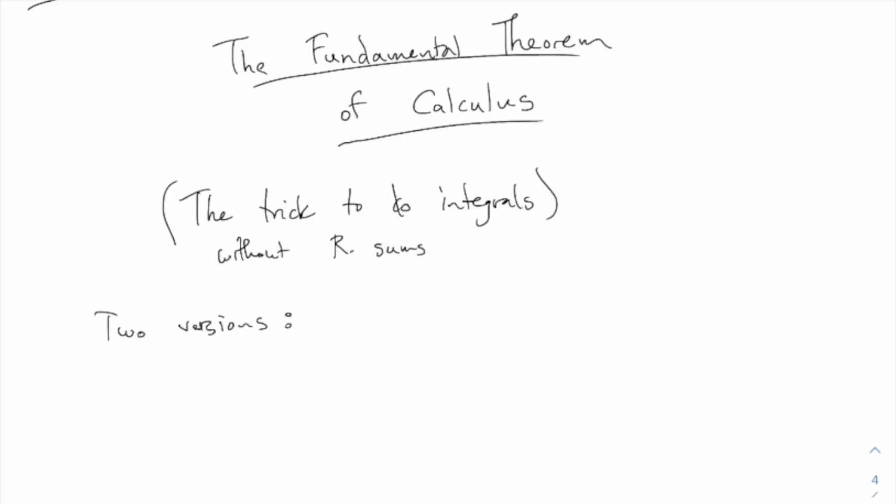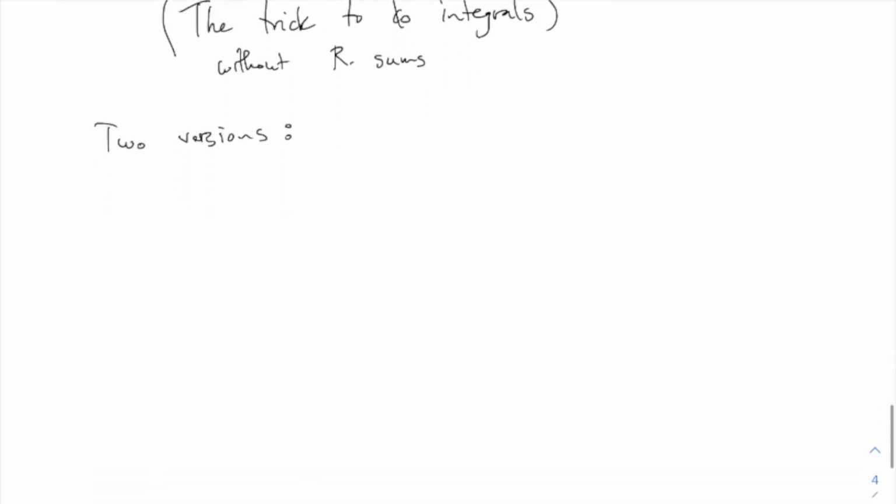Behind the scenes they mean the same thing, but they're two different ways of saying it. We're going to start with the stranger one. So number one, the fundamental theorem of calculus, the first version. Our book calls it FTC number one.